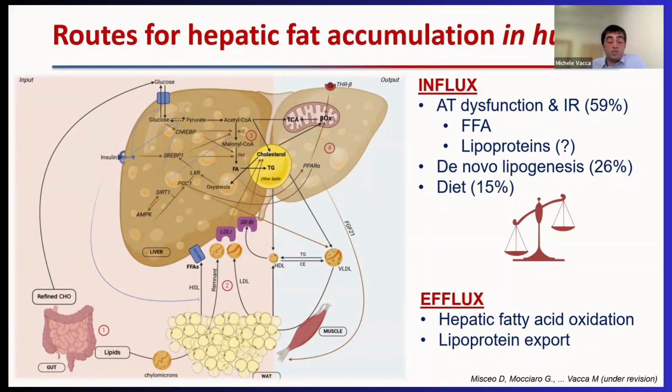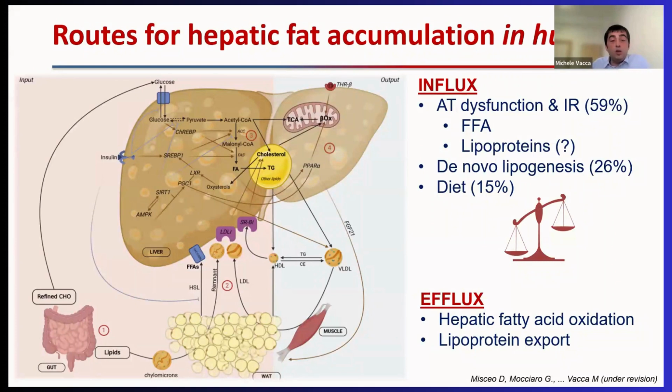With this purpose, different human studies using stable isotopes, and also, back in the days, radio-labeled isotopes, clearly identified fat accumulation in the liver as resulting from the imbalance between hepatic lipid influx and hepatic lipid efflux.